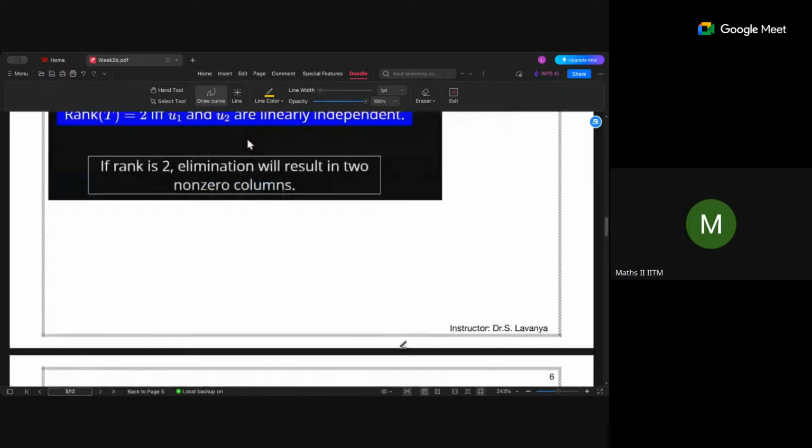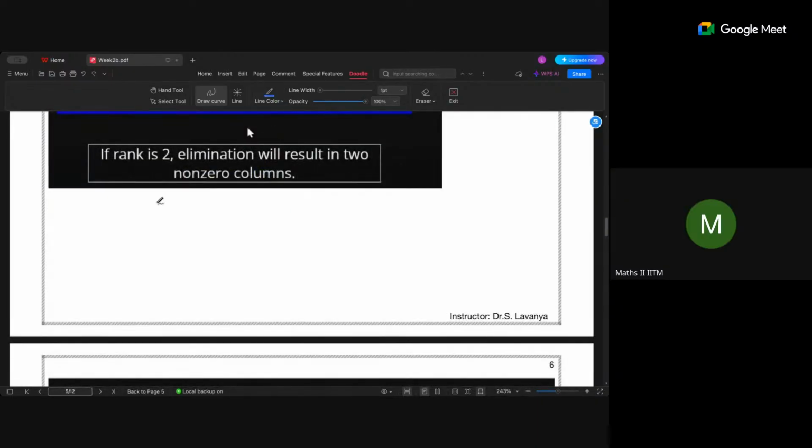So, if you take the determinant of a 2 by 2 matrix A with entries a, b, c, d, the determinant of A is ad minus bc.